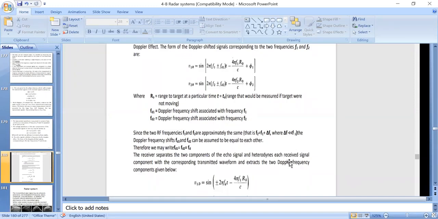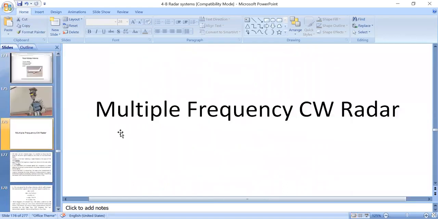On the whole, the concept here is very simple. What is the name of this concept? Multiple frequency CW radar. Why are we using this concept? If you ask why we need to include this topic in our radar systems, the drawback of the basic continuous wave Doppler radar is that it is not able to provide the range information of the target, right?